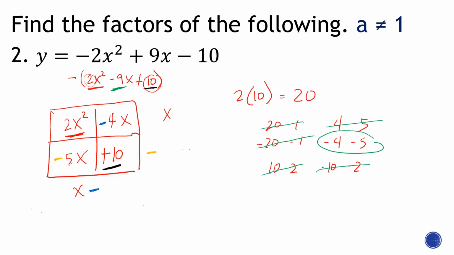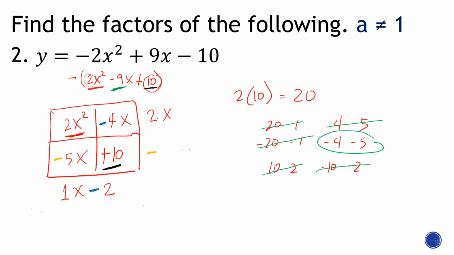The next step is to find the GCF of the numbers vertically and horizontally. Let's start with the vertical numbers 2 and 5. The GCF of that is just 1. 4 and 10, the GCF of that is what? The greatest common factor, or the largest common factor. It's positive 2. 2 and 4? Yes, that's right, it's positive 2 also. 5 and 10, what's the GCF of 5 and 10?